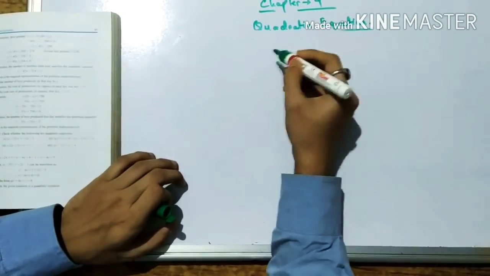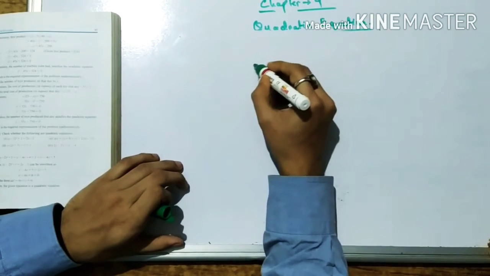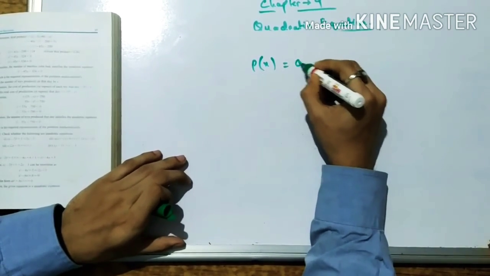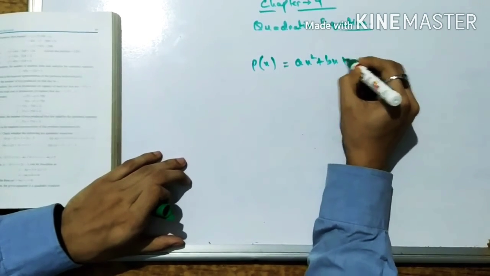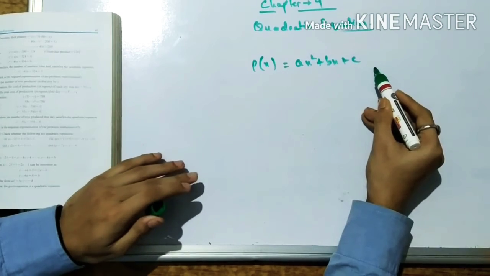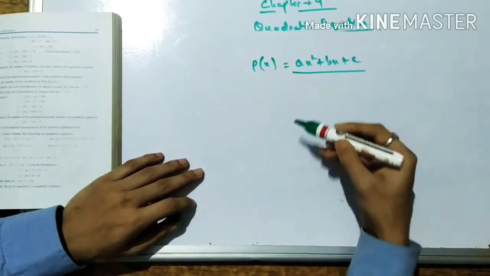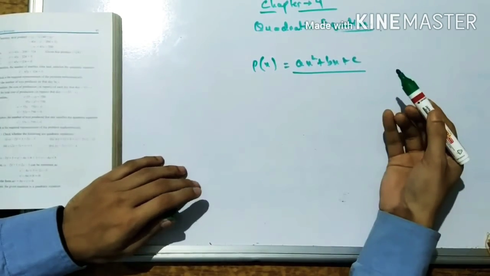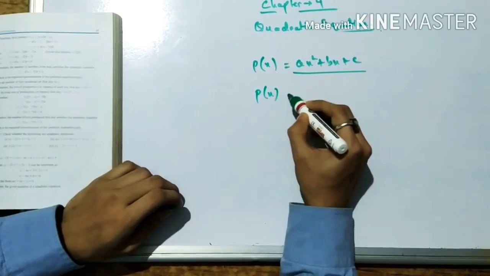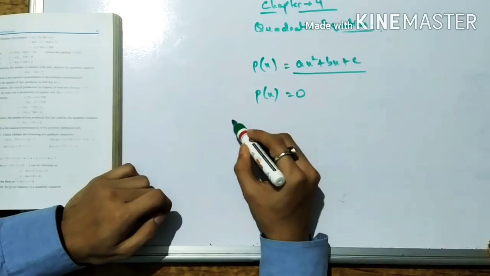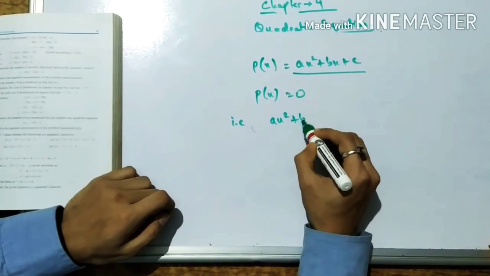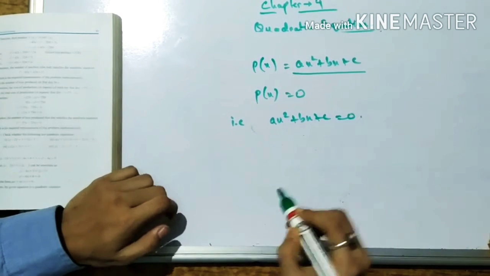If I take p(x) is equal to, let's say, ax square plus bx plus c, now this is a polynomial of degree 2. And if I say that this polynomial is equal to 0, then I can say that ax square plus bx plus c is equal to 0.